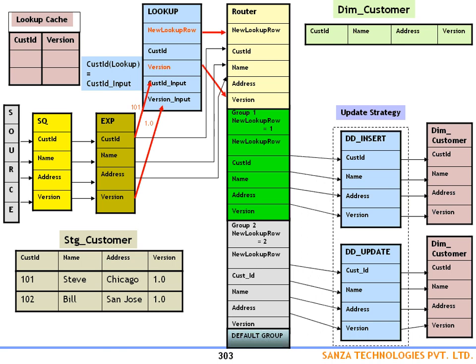If it does not exist and you make it dynamic, then it should insert into the cache. It will go and insert into the cache. When it inserts the data into the cache, this new lookup row will be 1.